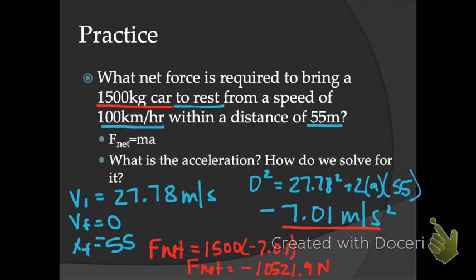And that makes sense. If my car was moving forward and was brought to a stop, that had to have happened because of a negative force, whether that was a brake, whether that was friction, or a combination of the two. It doesn't really matter what all happened to slow it down, just that those forces added together to slow our object down had a value of 10,521.